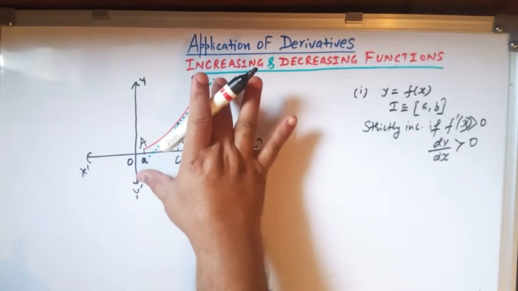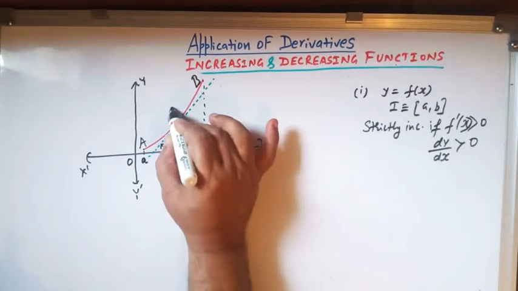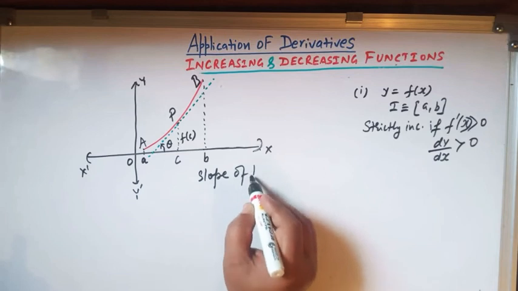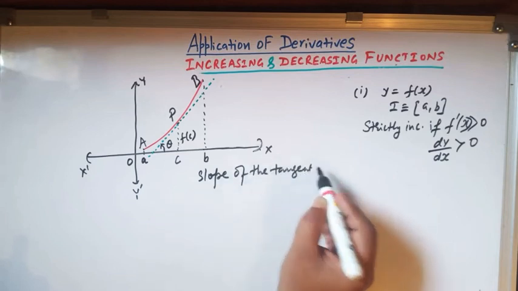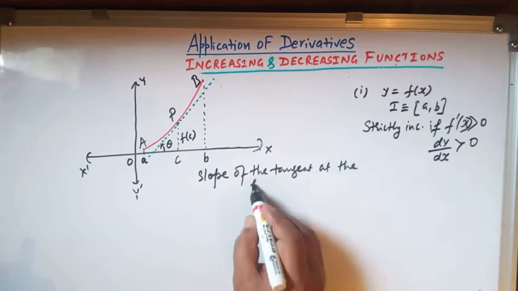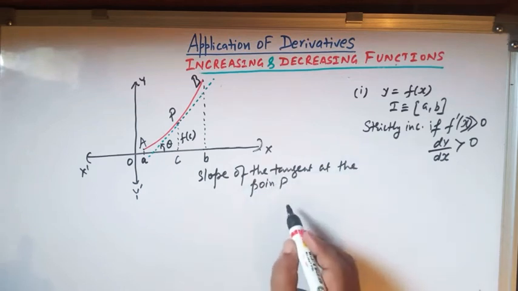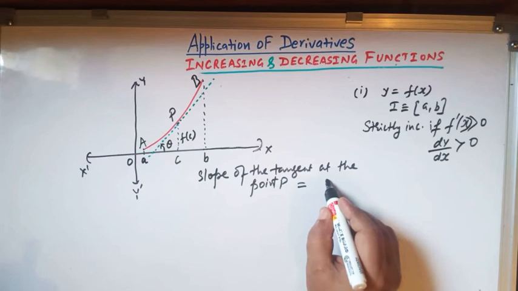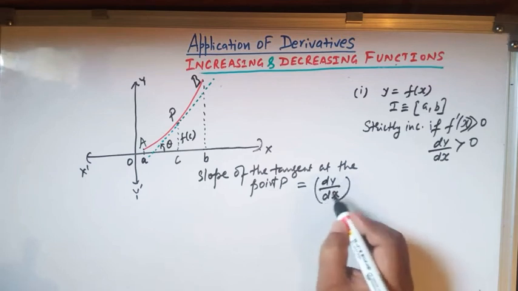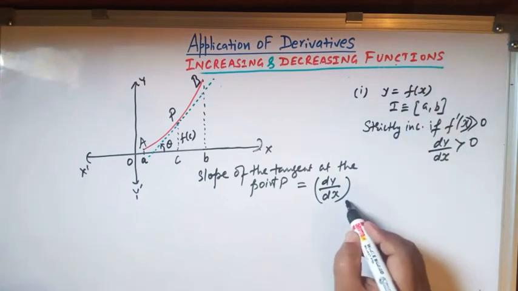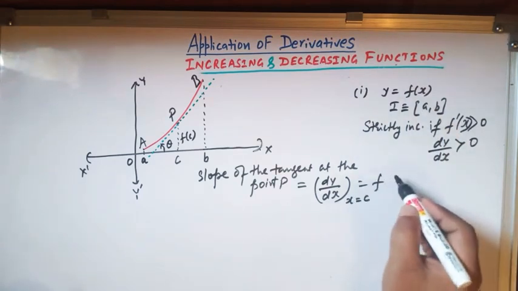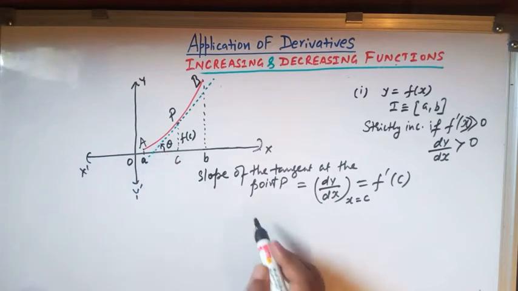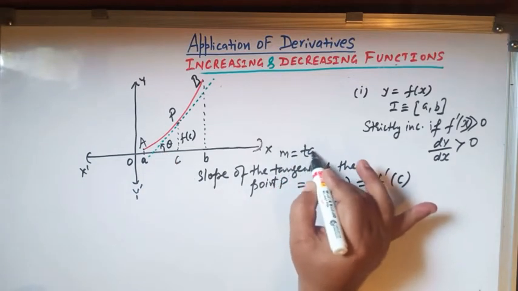Now this point is say P, then the slope of the tangent at the point P is given by the derivative of y with respect to x at x equal to c, or we can write it as f prime of c.